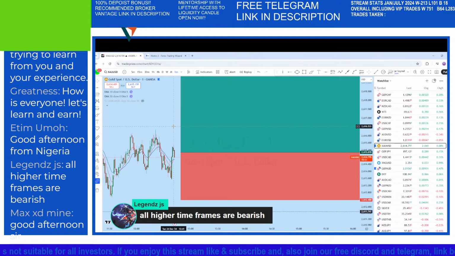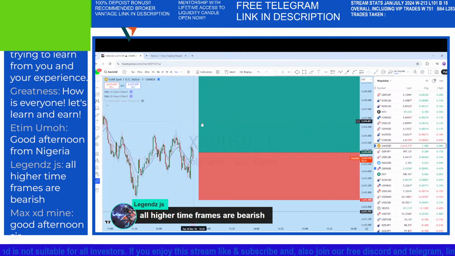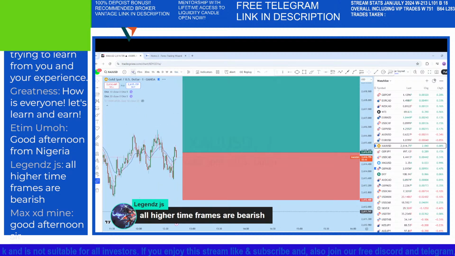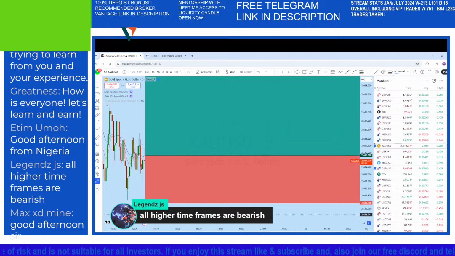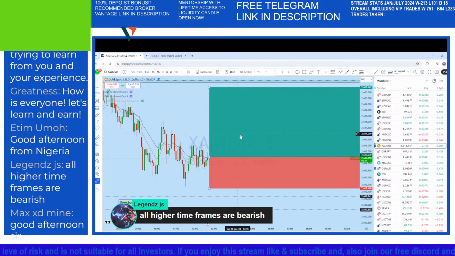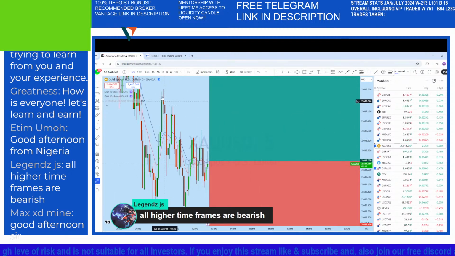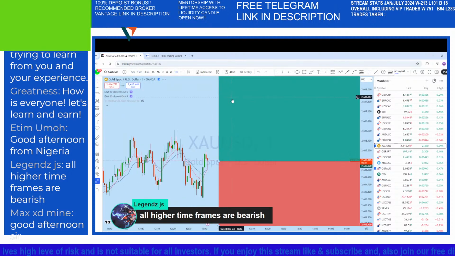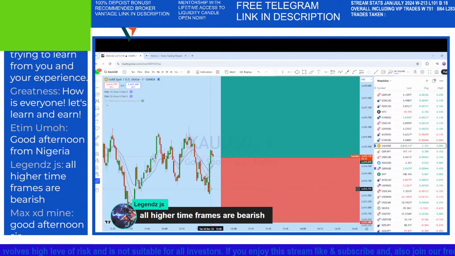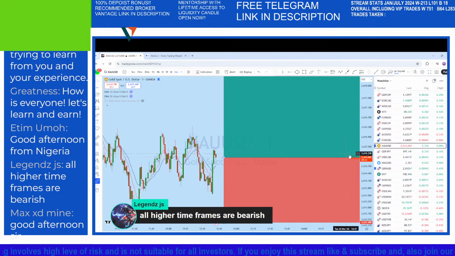It's gone into the entry again, coming for a pullback. Need some concrete movement in the market here. It's a long doji.